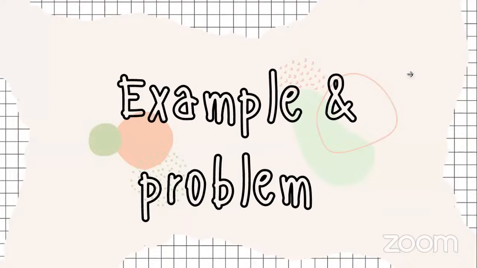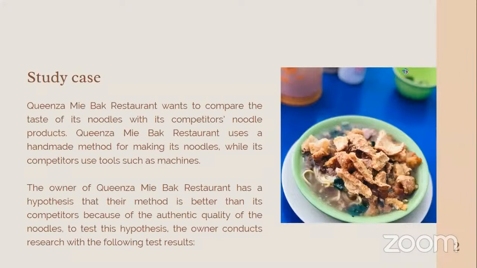Now we're going to move to the study case for the example and problem. Quinza Mibak store wants to compare the taste of its noodles with its competitors' noodle products.